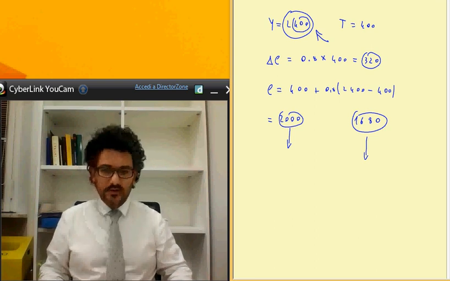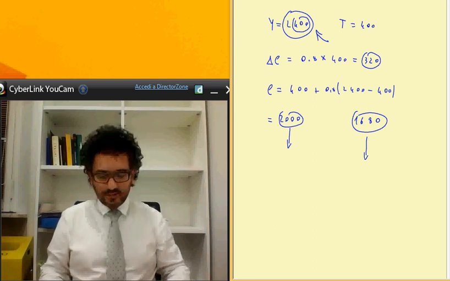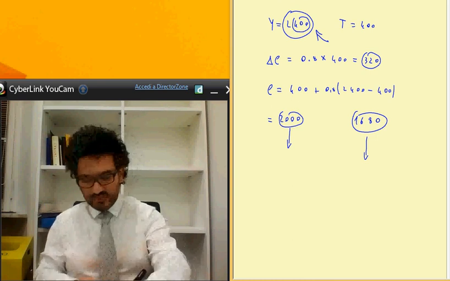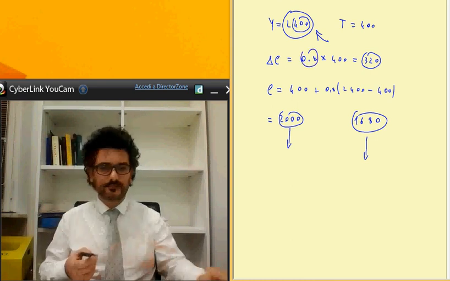But you can easily compute this change using the propensity to consume.